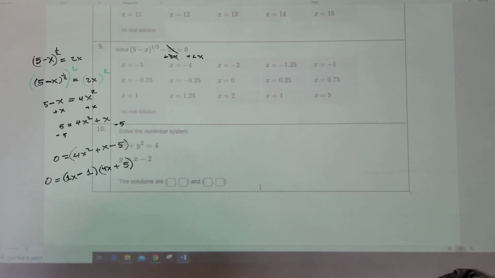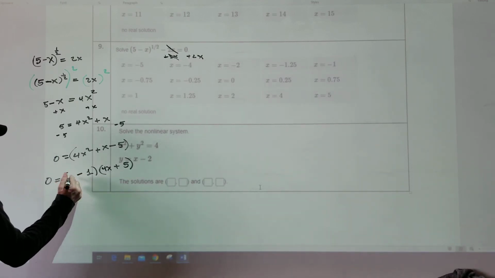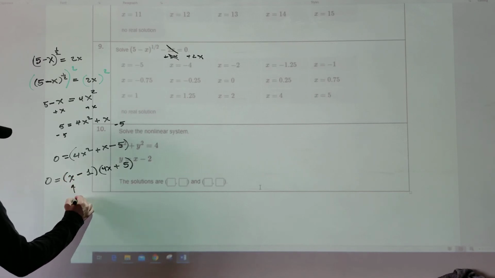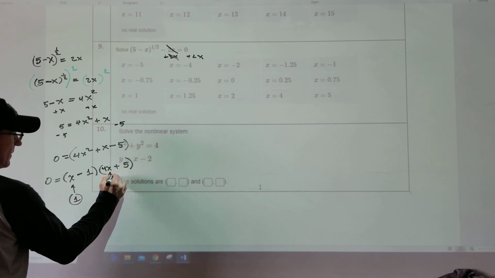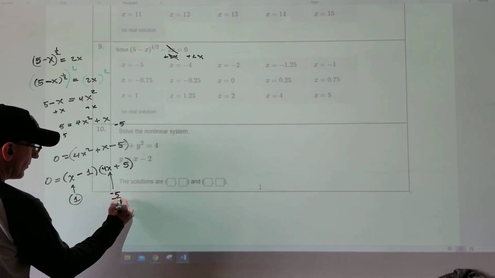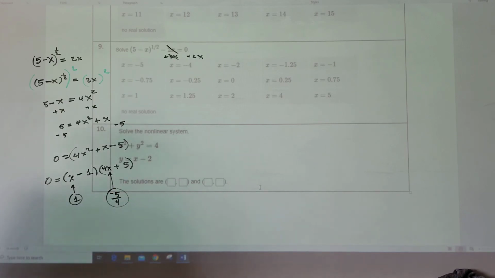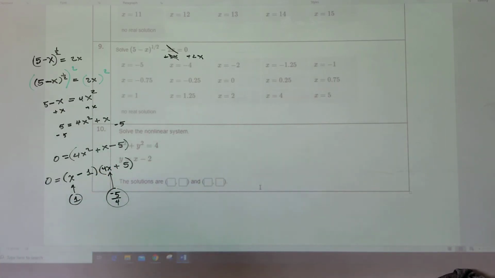So anyway, assuming they're both good answers, the answers are 1 here and the fraction negative 5/4 there, which comes from the opposite of this divided by that. All right?